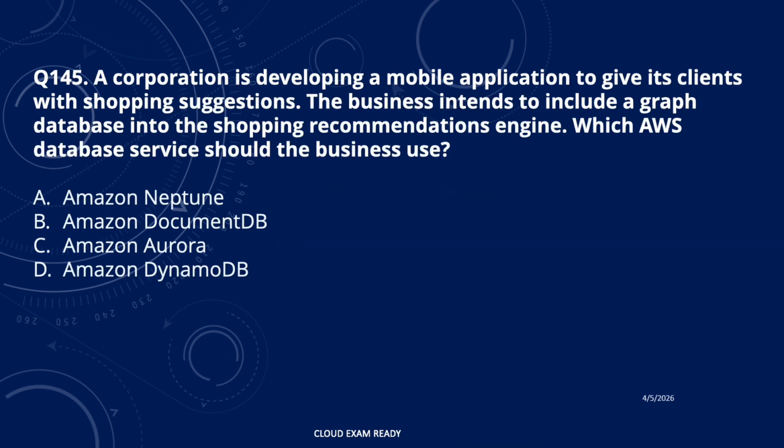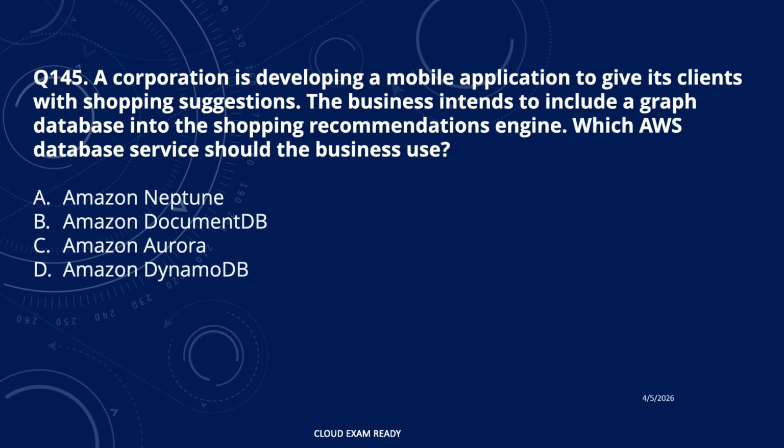Next, question number 145. A corporation is developing a mobile application to give its clients shopping suggestions. The business intends to include a graph database in the shopping recommendations engine. Which AWS database service should the business use?